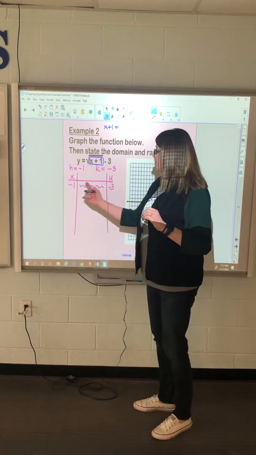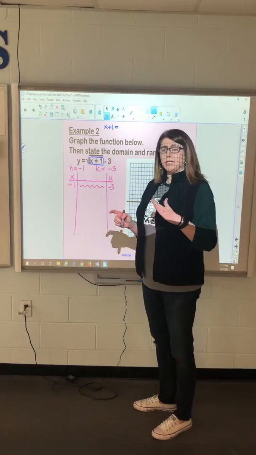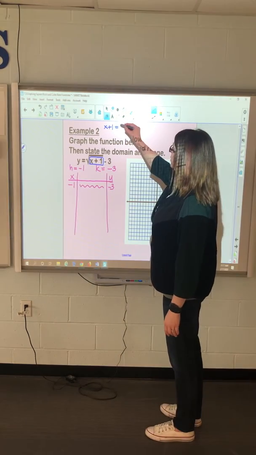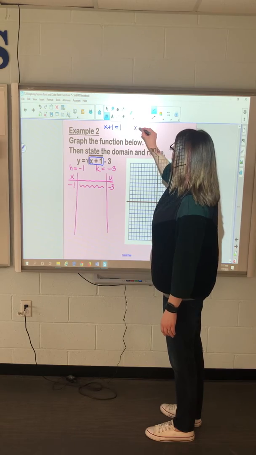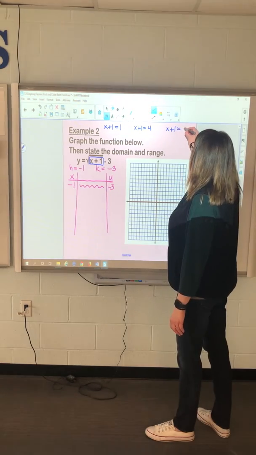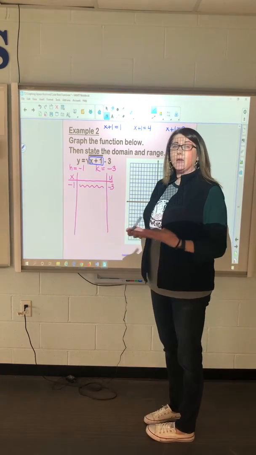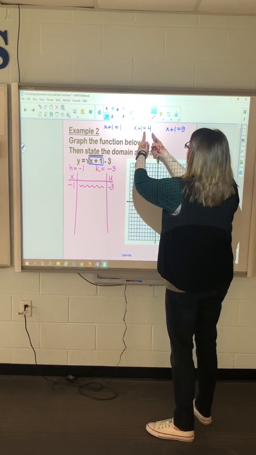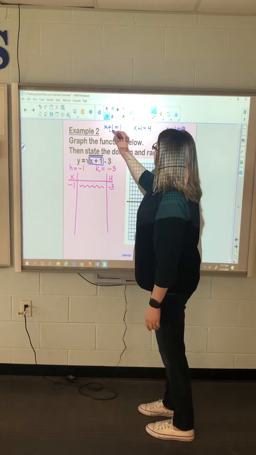Well, that happens when you have your starting point, so you don't need to worry about that one. So I'm going to set x plus 1 equal to the next perfect square, which is 1. I'm also going to set it equal to the next perfect square, which is 4. And lastly, I'm going to set it equal to the next one, which is 9. So I'm taking what's underneath the radical, setting it equal to those perfect squares, and then I'm going to solve for x.